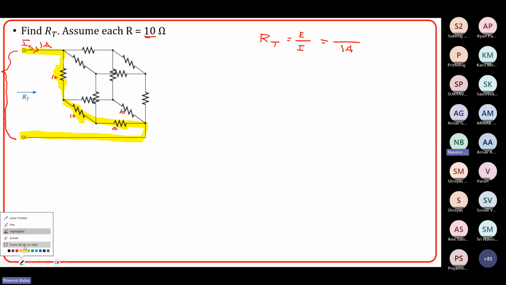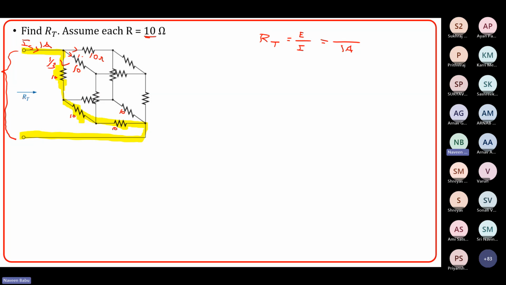Okay, so now please note, this is 10 ohms, this is 10 ohms, and this is 10 ohms. If my current is 1 ampere, then what will be the current across this branch? What will be the current across this branch? And what will be the current across this? 1/3 of my current will come across this, right?